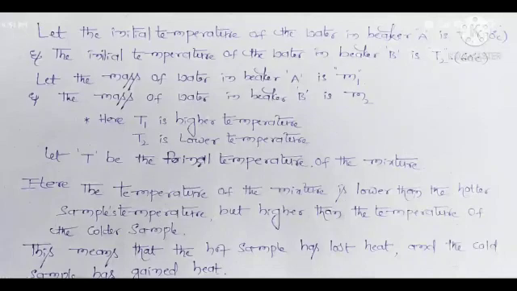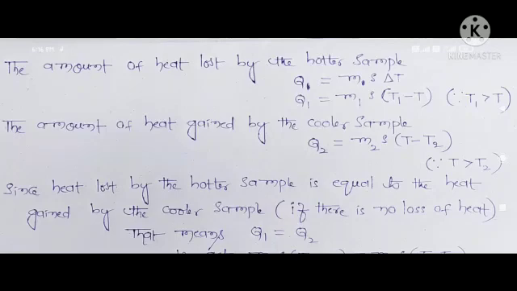Here we have observed that the temperature of the mixture is lower than the temperature of the hotter sample, but higher than the temperature of the colder sample. This means that the hotter sample has lost its heat and the cold sample has gained heat. So the amount of heat lost by the hotter sample is Q1 = M1 S (T1 - T).